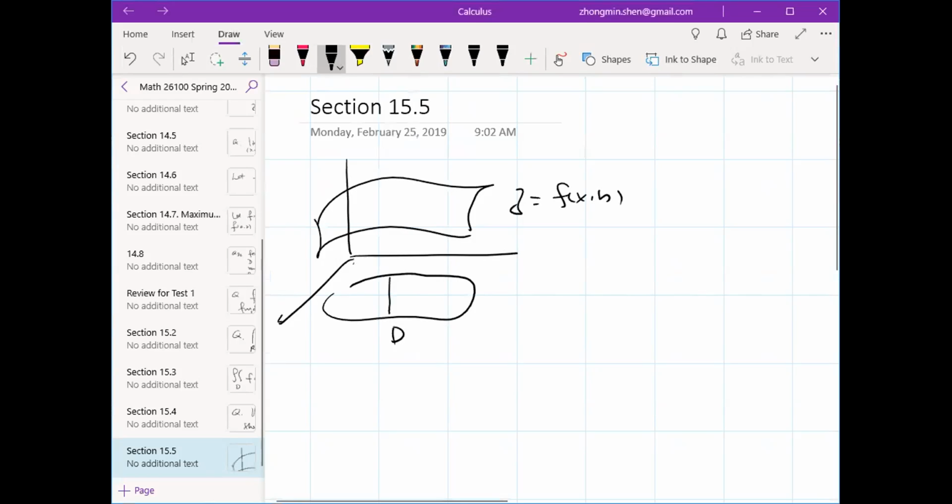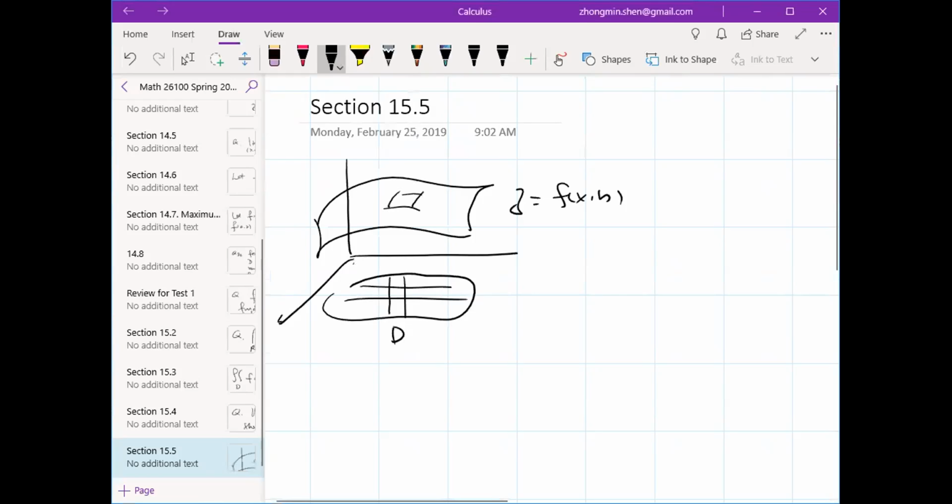You divide this domain into many rectangles. And I just want to find the corresponding piece on the top, a rough estimate of the areas, and add them together, and that gives you the surface area.